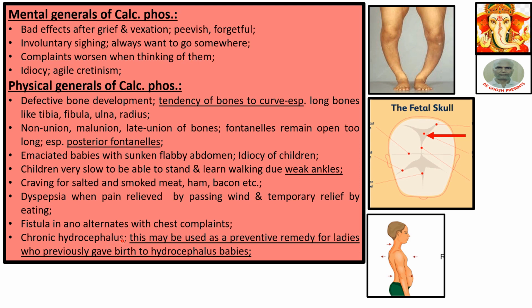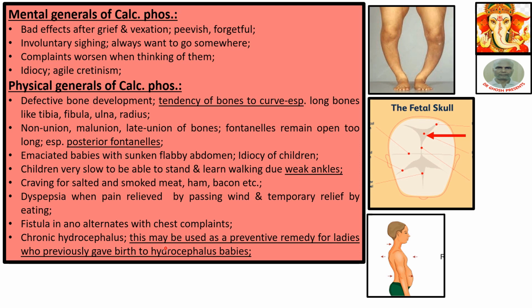Hydrocephalus means big head. Picture as given later. Head abnormally big. This may be used as a preventive remedy for ladies who previously gave birth to hydrocephalus babies. It is some sort of familial trend. A particular lady, if she gives birth to a hydrocephalus baby, may do the same next time also.